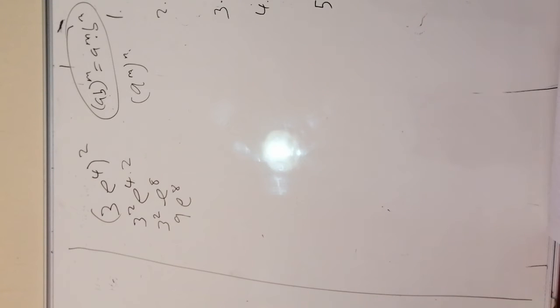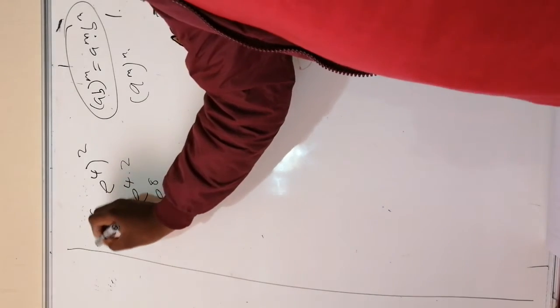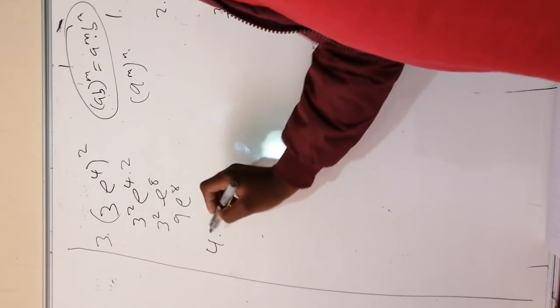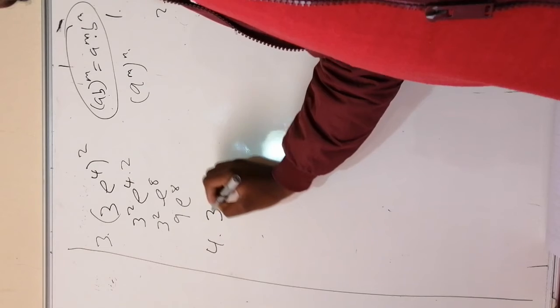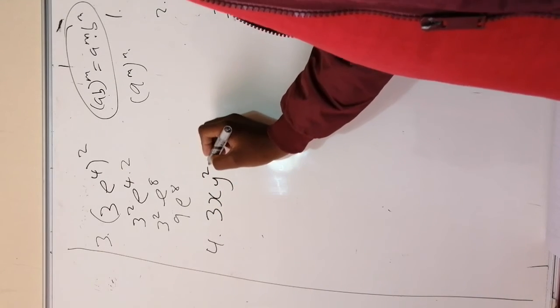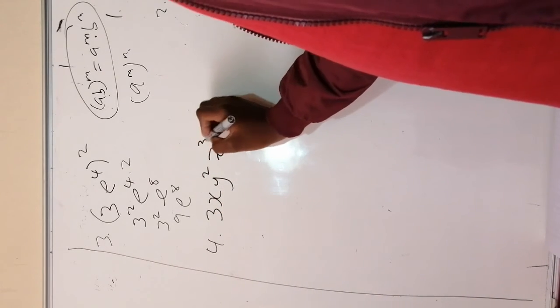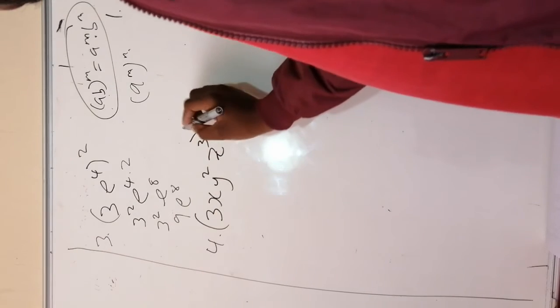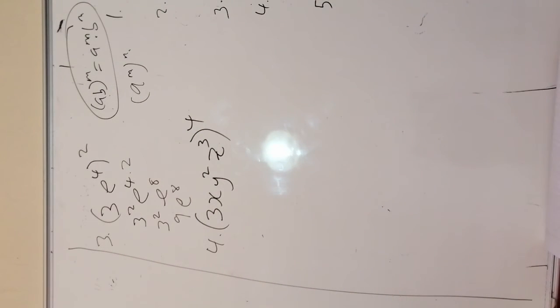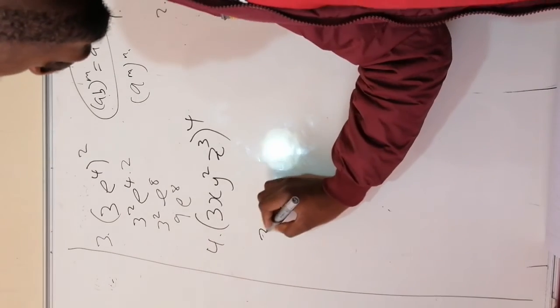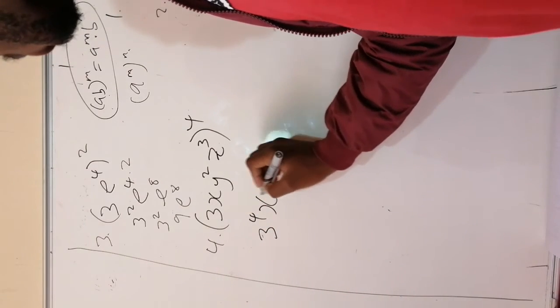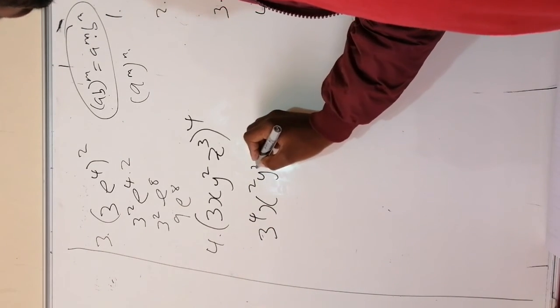So let's go to the next item. Let's say this was example number 3. Example number 4. Let's say we have something like 3xy squared z to the power 3, all raised to the power 4. So we're going to apply that particular rule. We need to raise each and every thing inside the brackets to the power 4. 3 to the power 4, x to the power 4, y squared.